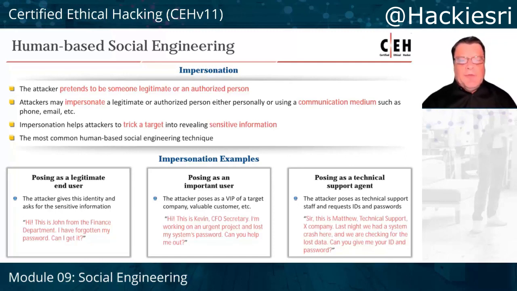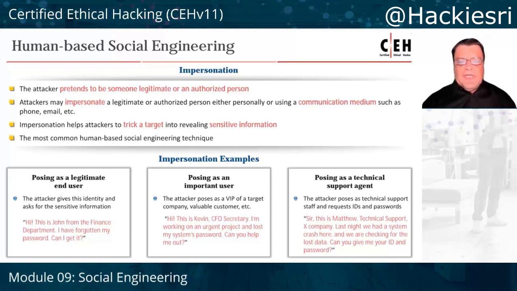The most common human-based social engineering techniques include posing as a legitimate end user. The attacker gives their identity and asks for sensitive information, something like, "Hi, this is John from the finance department. I forgot my password. Can you help me?"